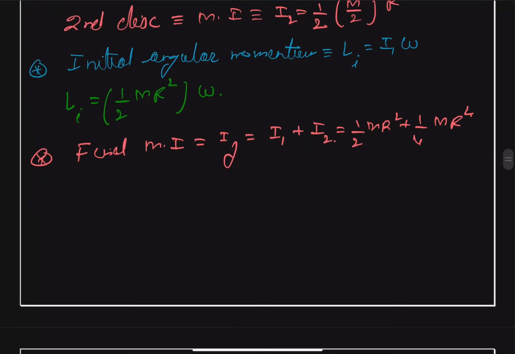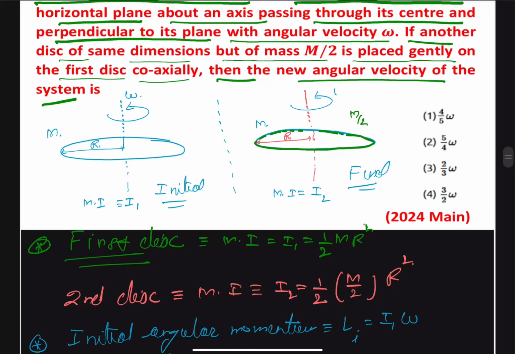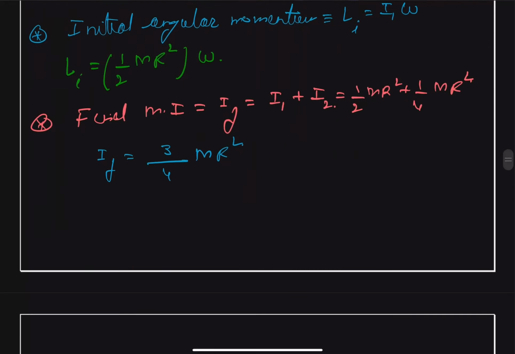So we get our final moment of inertia, this comes as 3/4 m r square. Therefore, let us assume that the final angular velocity is omega f. So we can find out our final angular momentum.